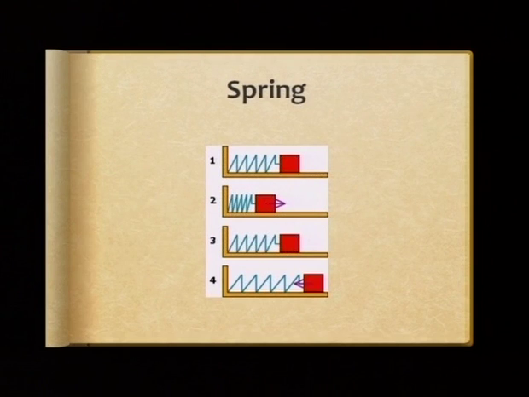Now, taking a look at it to make some sense out of those definitions, you have a spring here, and in part 1, it's sitting at its equilibrium point. If you think about holding a spring, there's some point where it's neither stretched nor compressed. It's just there. That's that equilibrium or midpoint.